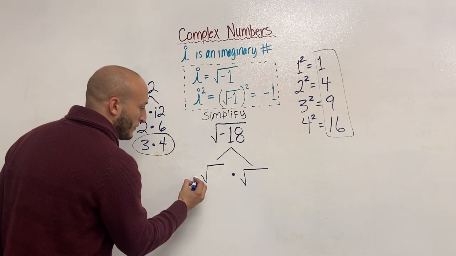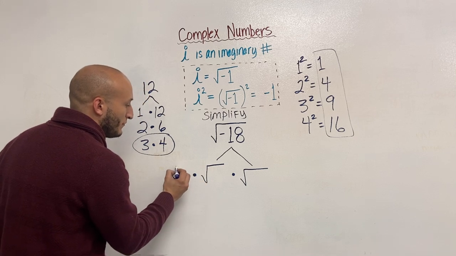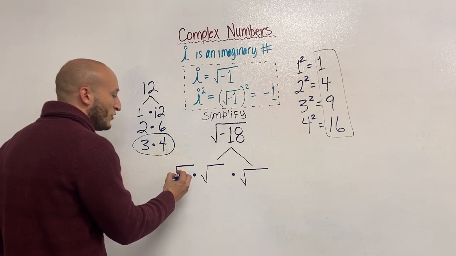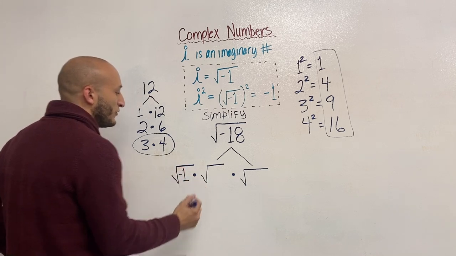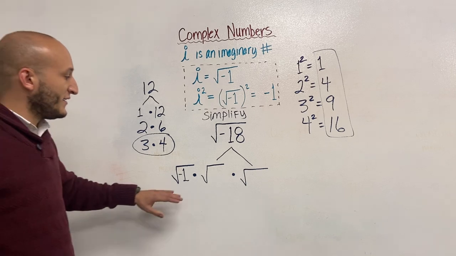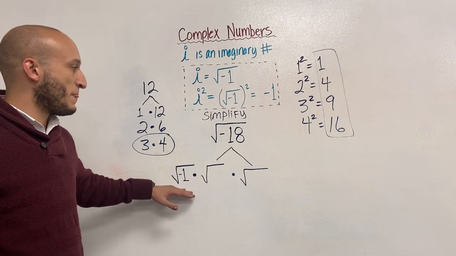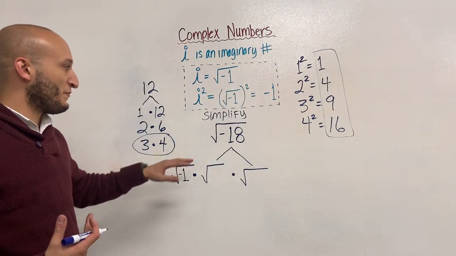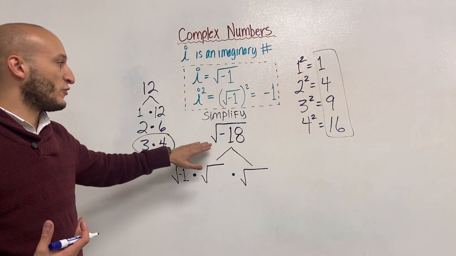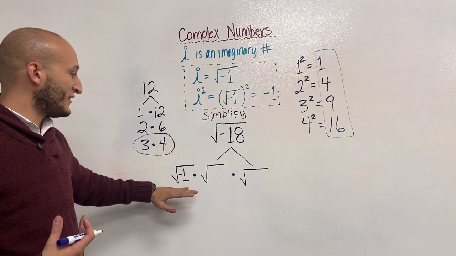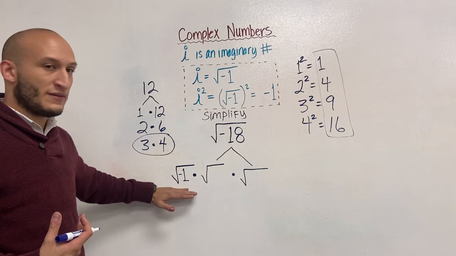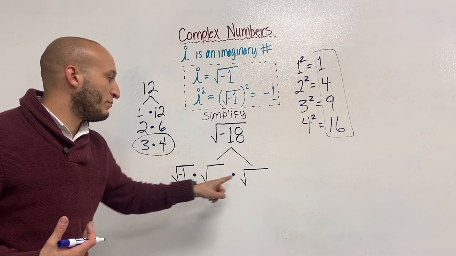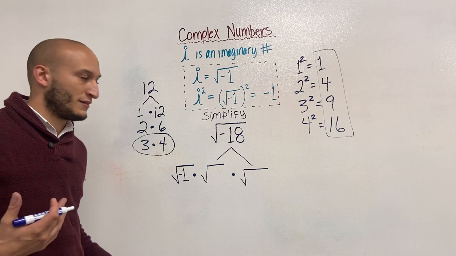I'm gonna have to multiply by another factor, and the one in the front will always be the square root of -1. That is how I deal with or get rid of the negative underneath the square root. So when simplifying square roots with the negative, you'll always have the square root of -1 first, then you multiply by the factors. So let's list some factors.